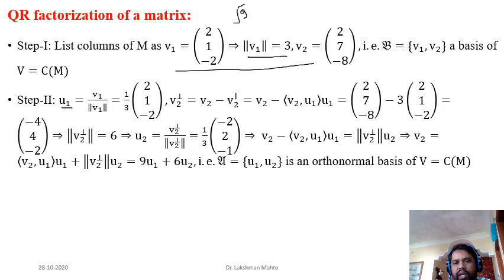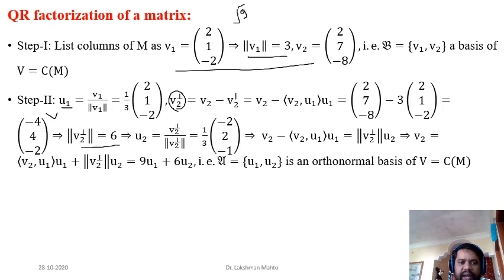Now in order to get the second unit vector u2, we have to find V2 perp. So this is the final V2 perp, this vector that has entries minus 4, 4, minus 2. Now we will find the norm of this one. The norm is 6. So our next unit vector, which is orthogonal to u1 as well, would be the normalized form of V2 perp.